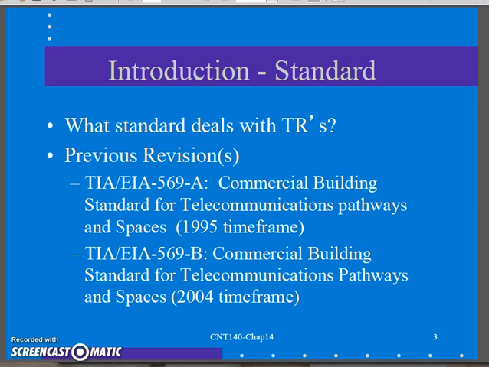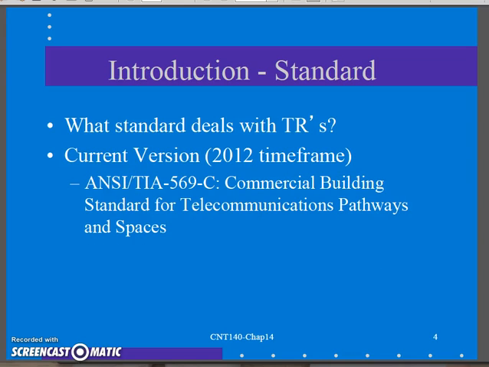First thing we need to remind ourselves of is the standard that specifies all the pathways and spaces, including our closet, is the 569 standard. If we go back in time, the A revision was roughly the mid-90s, 95 time frame. That got the ball rolling on specifying closet requirements. The B revision came along in the 2004 time frame, updating, and then our current C revision, 569C, came out in the 2012 time frame.